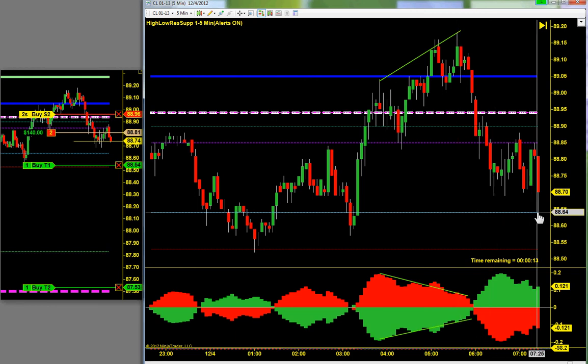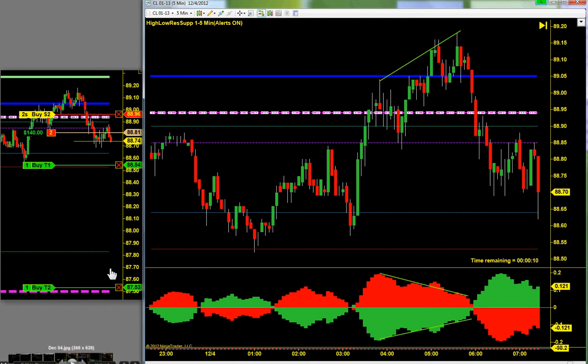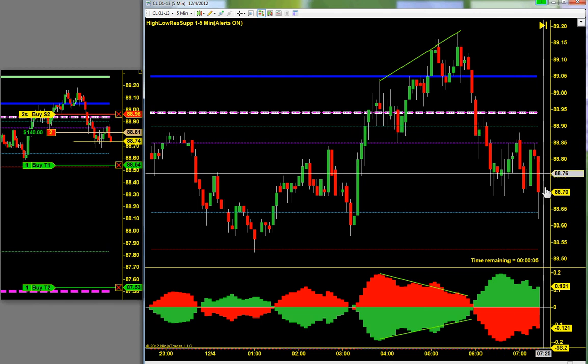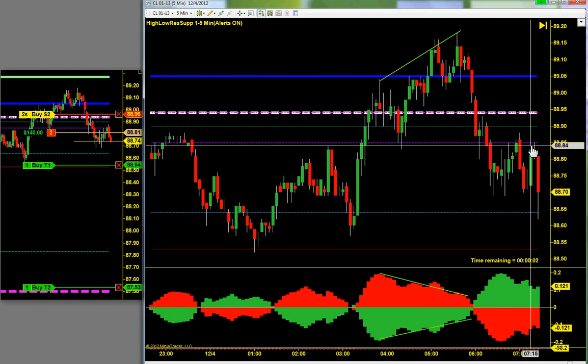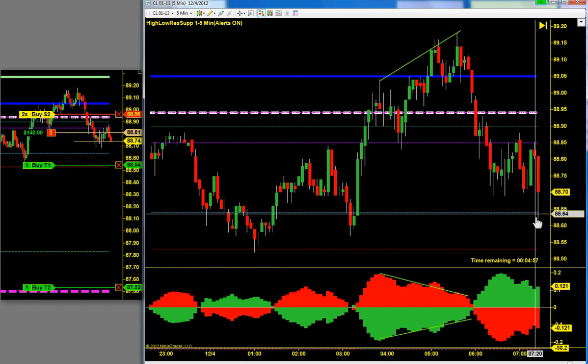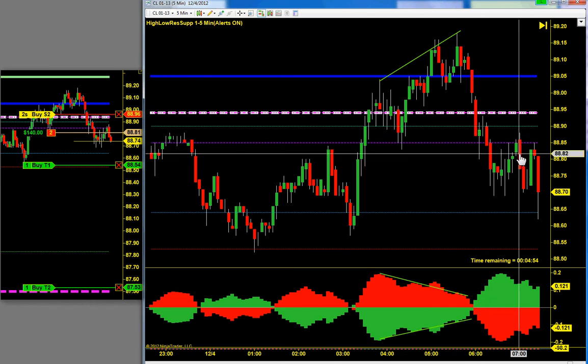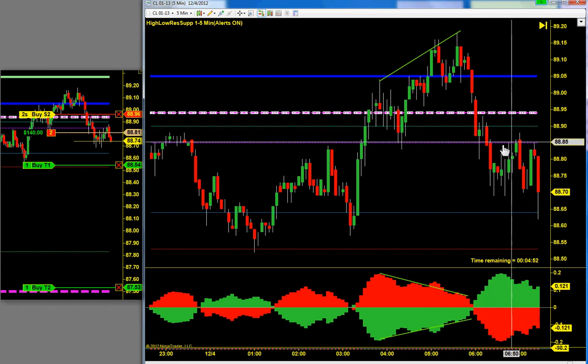If you know where the market is going and you see where the other bank line is, then why not trade with that, right? Even if you are scalping this market, you should know it's going to run between these bank lines.